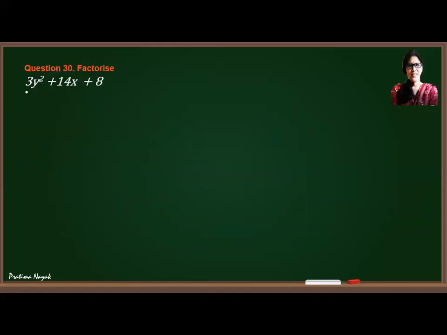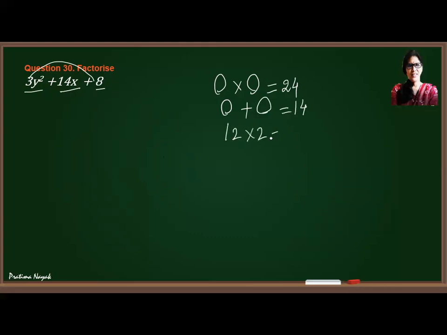Last question, 3y square plus 14y plus 8. Same way, you have to think of two numbers whose product is 3 into 8, 24 again, and the same numbers when added give you 14. What are the numbers? Certainly it will be 12 into 2, 24, and 12 plus 2, 14.